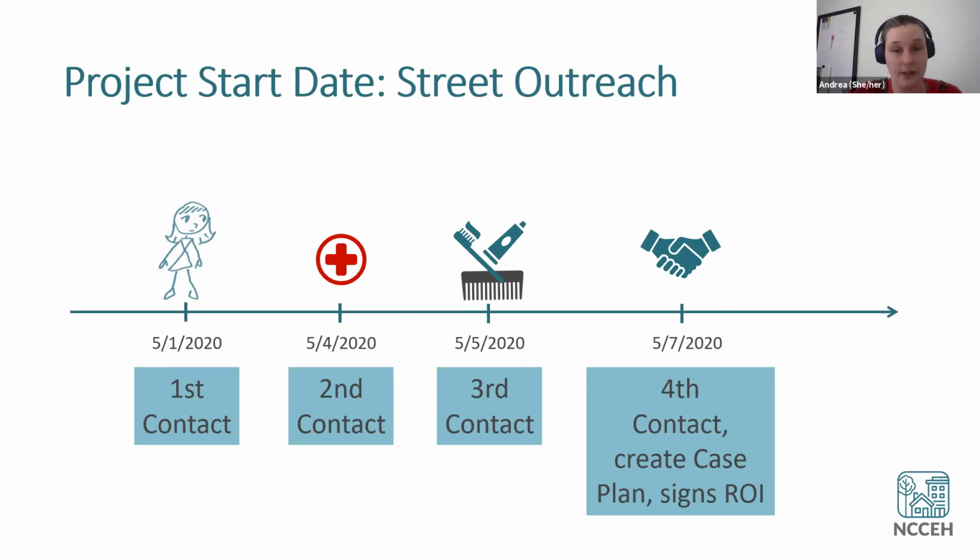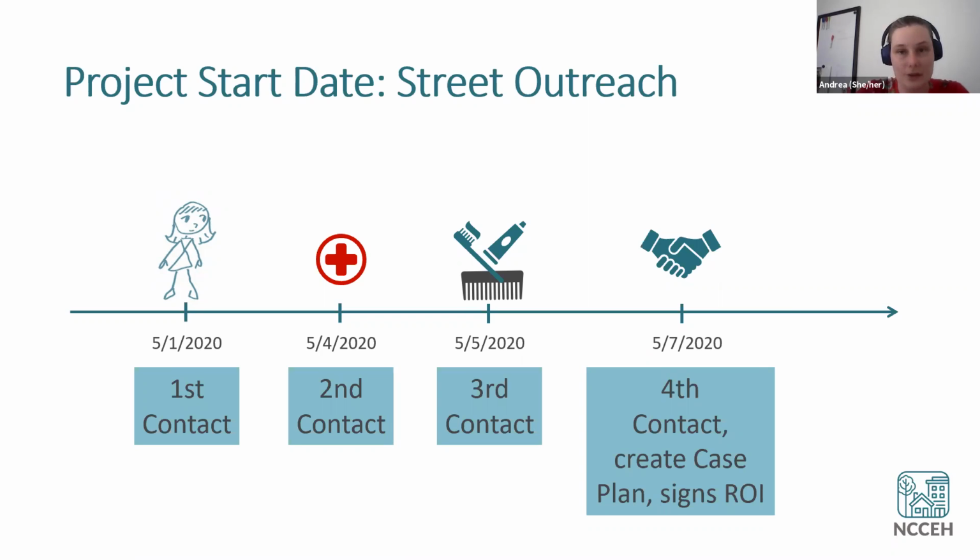On the third contact, there's kind of another exchange, have some more kind of hygiene products available for the client on May 5th. And just a week later, May 7th, that's their fourth contact, and the outreach worker is able to make a case plan with the client. They're kind of accepting those services and sign an ROI.